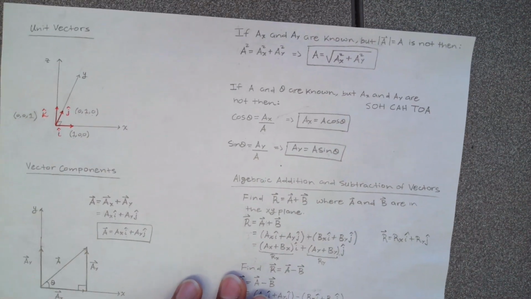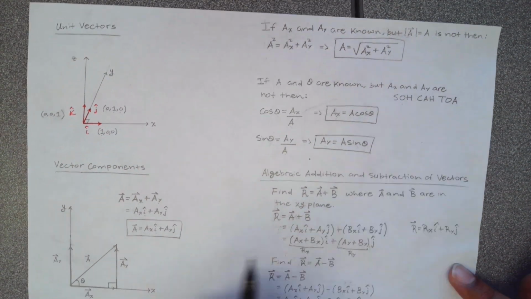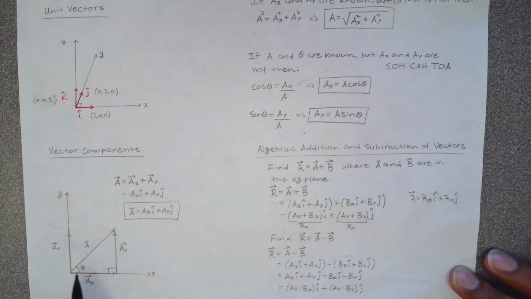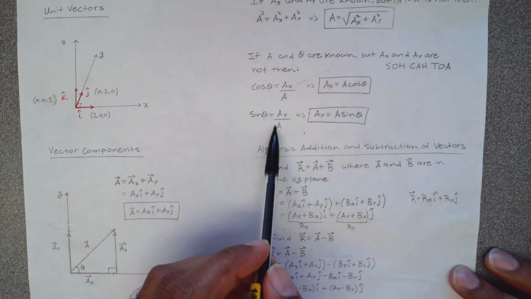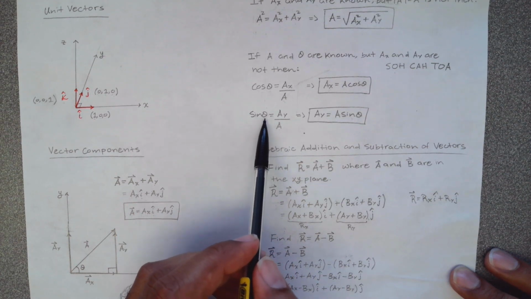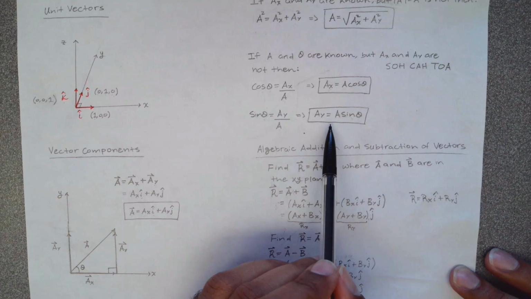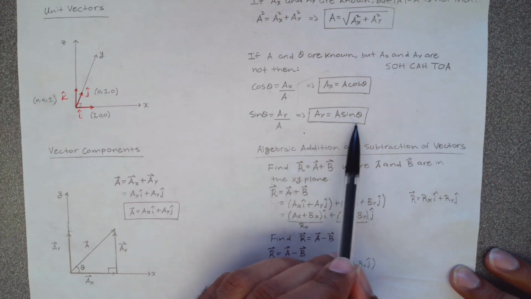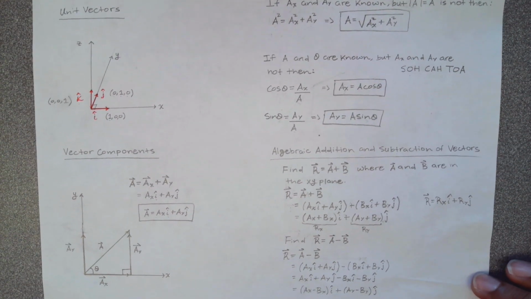SOHCAHTOA, so remember this. So the sine is opposite over hypotenuse. So in this case, I have ay over A. Once again, A I know, theta I know, so that means sine of theta is known. Then ay is A sine of theta.